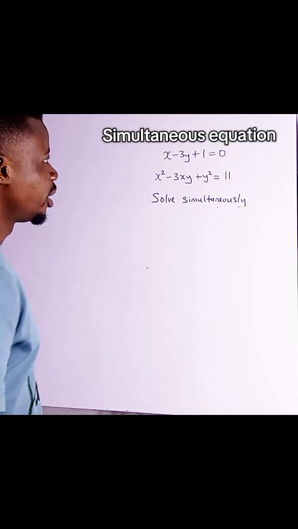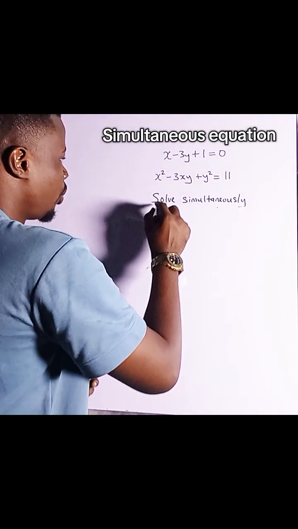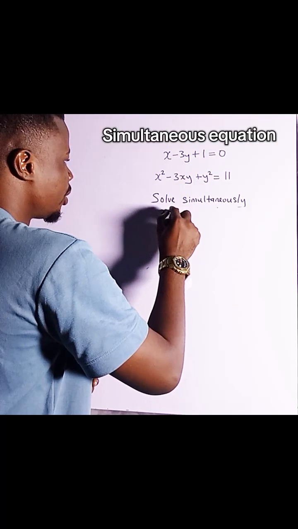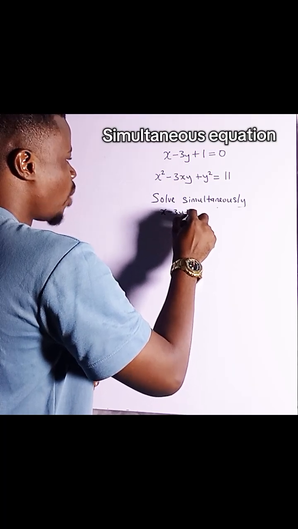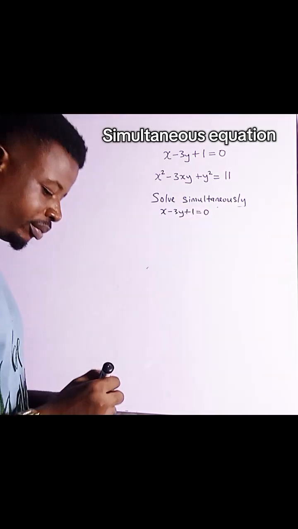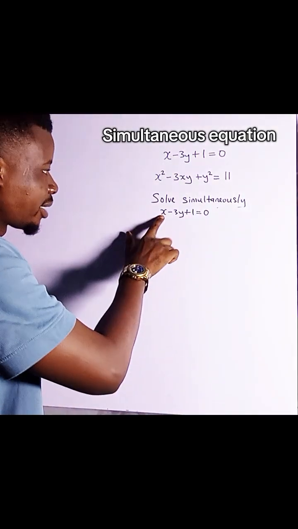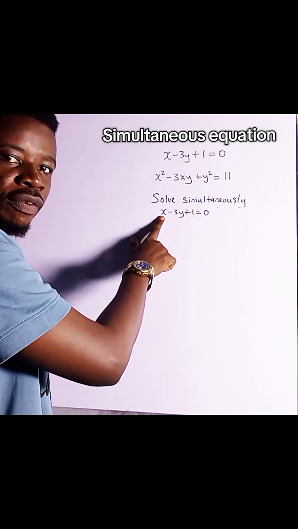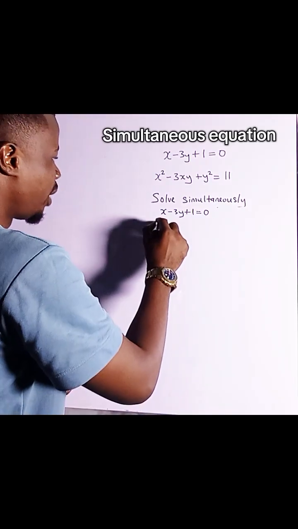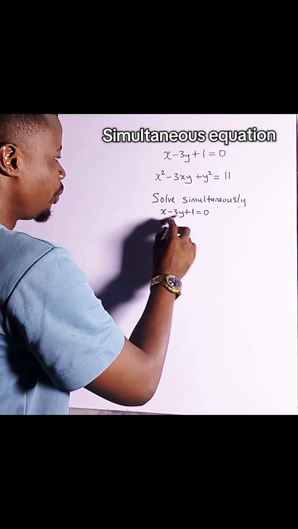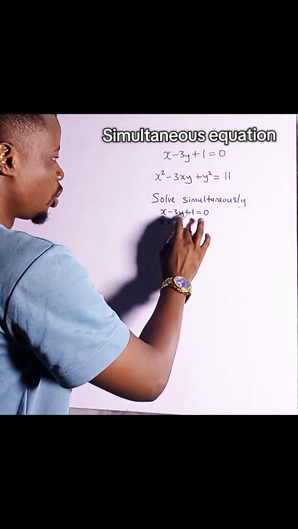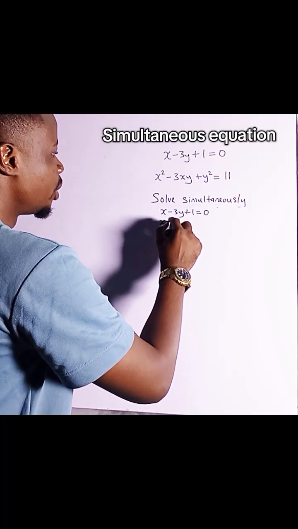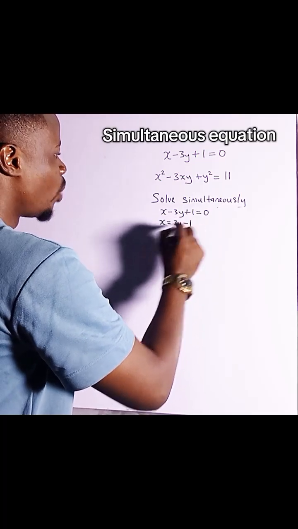Now how do you do this? From the first equation, you have x minus 3y plus 1 is equal to 0. Let's make x the subject of the formula. You move the other part of the equation to the other side, and you have x is equal to 3y minus 1.